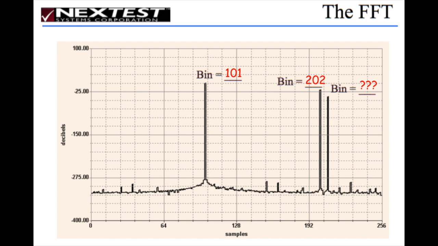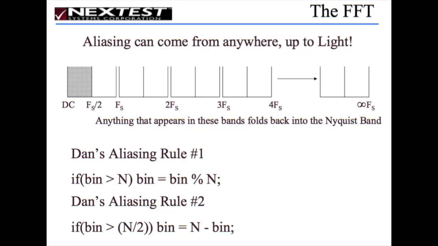You can't see anything above the Nyquist frequency unless you're using Excel. Excel lets you look above the Nyquist frequency, but let's not go there right now. Okay, so where the heck did this 303 go? We know we see something in the right place, down here, but what bin is that in? Well, we use Dan's aliasing rules. So apply Dan's aliasing rule number 1: is 303 greater than n?